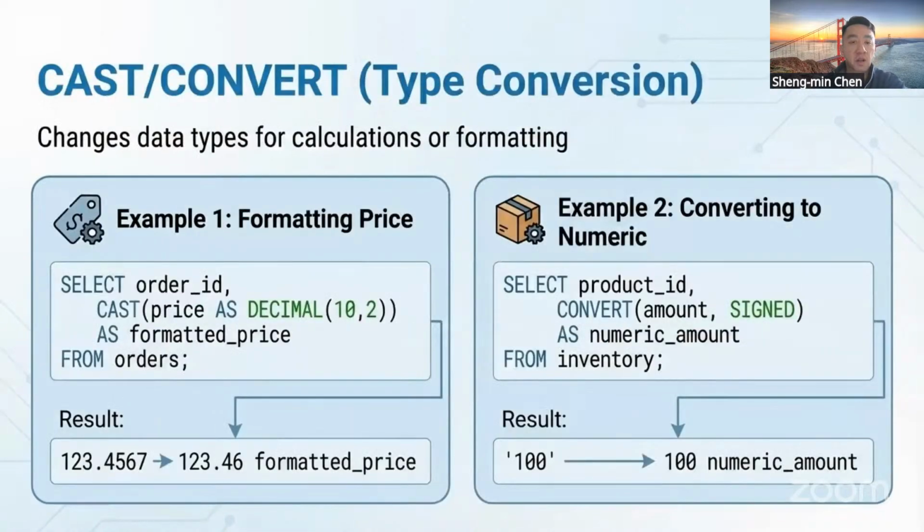Okay, cast and convert. Sometimes you want to convert numbers, or sometimes you store a number in a string and you want to convert it back to integer, for example. You will use the cast or convert keywords here, right? So let's see the cast here.